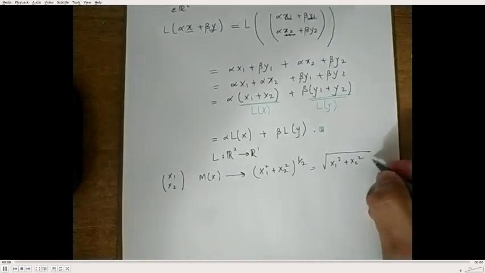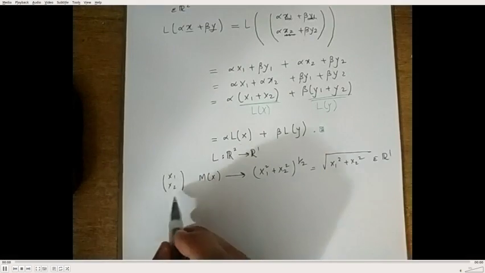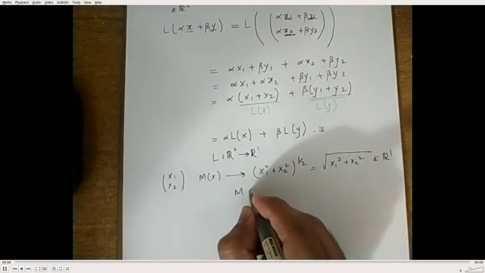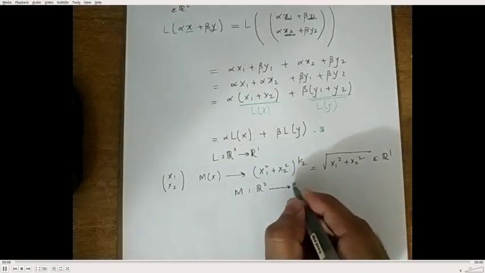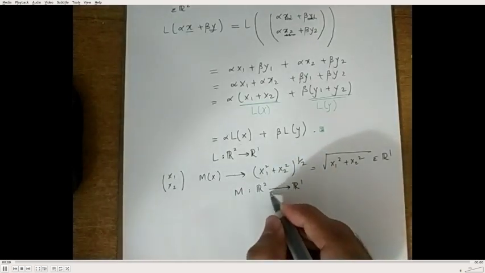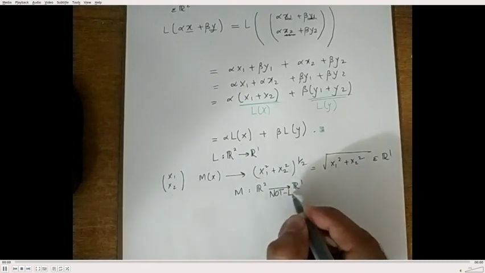And now of course this is in R1, this is just a number, but this was a vector. So M is a transformation from R2 to R1, but it's not linear.